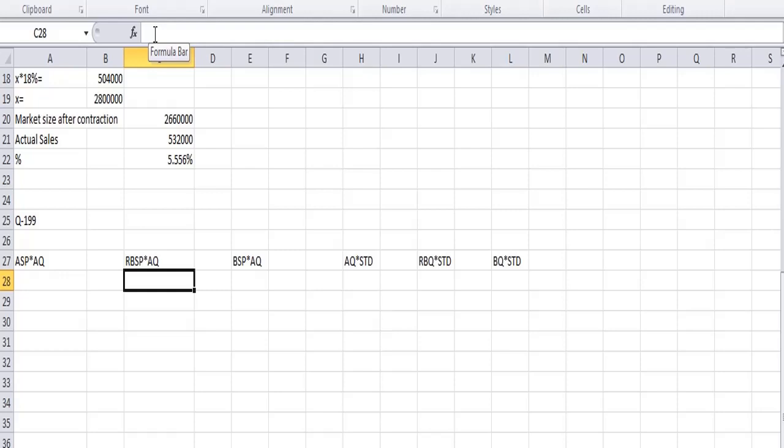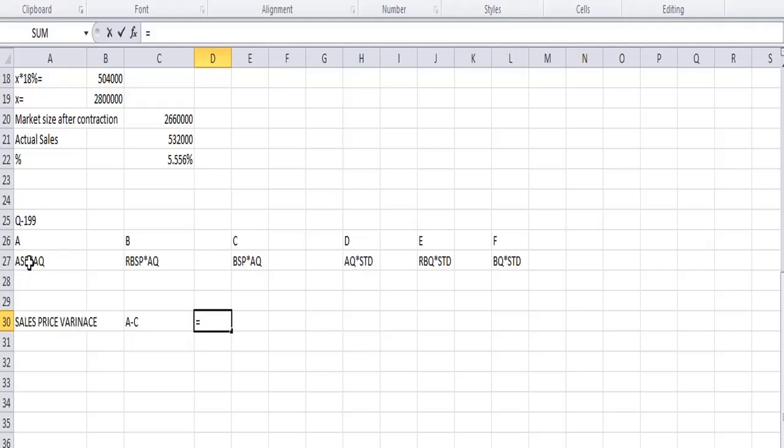So see, this will be A, B, C, D, E, F. Now the difference of A and C, we call it the sales price variance. What I told, difference of A minus C. And what is our A?